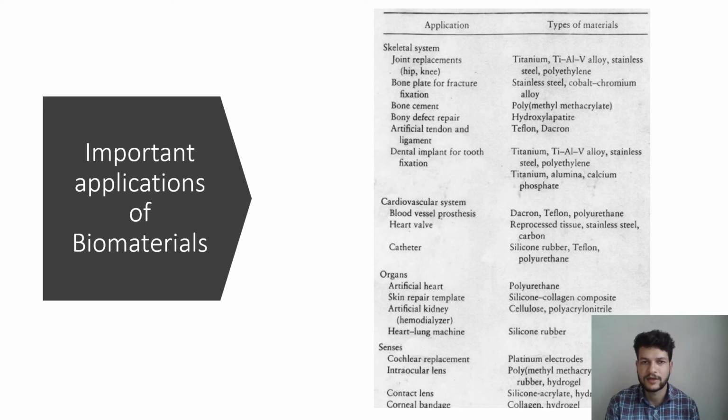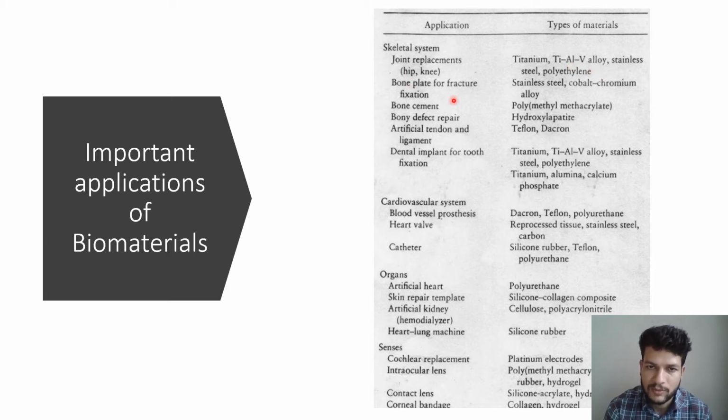In this slide, I will talk about the application of these biomaterials in more detail, like in each application, what type of biomaterials are used. For the skeleton system, like joint replacement or hip or knee replacement, aluminum alloys, stainless steel, or polyethylene are used.